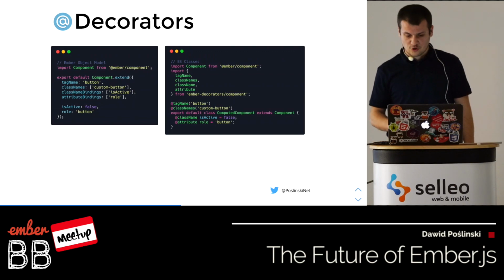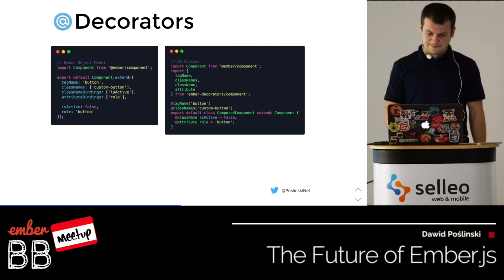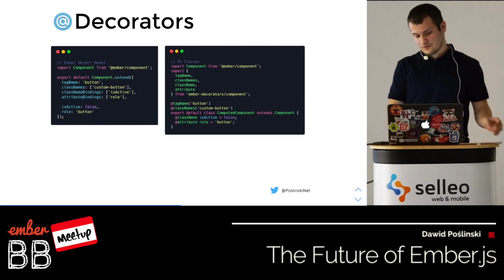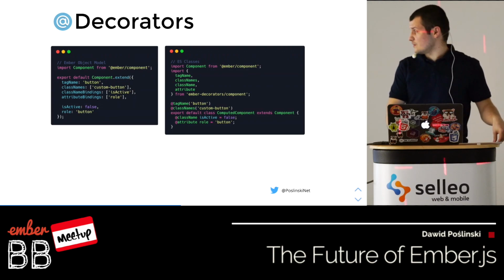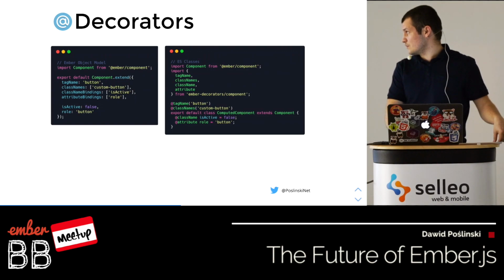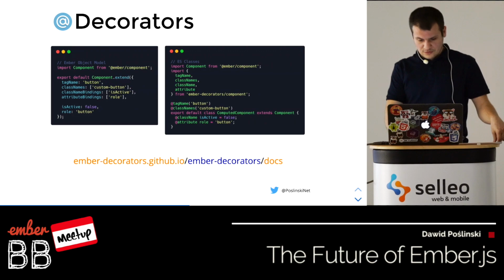Also for other commonly used stuff in components, we have a whole list of already useful decorators, so we don't have to remember them. We just go to Ember Decorators, and for instance, component, and we get the full list. It's also decoupled from the core a little, which is always good.